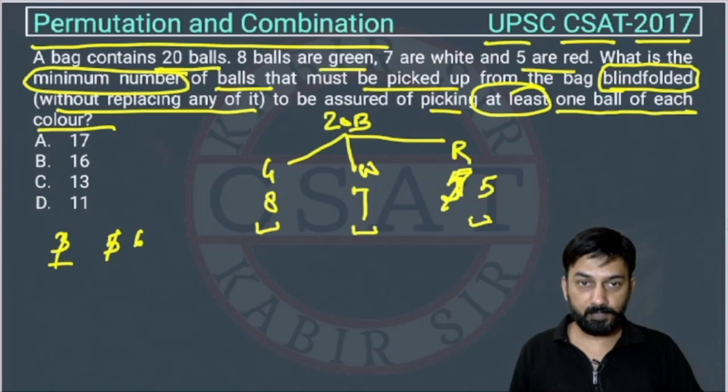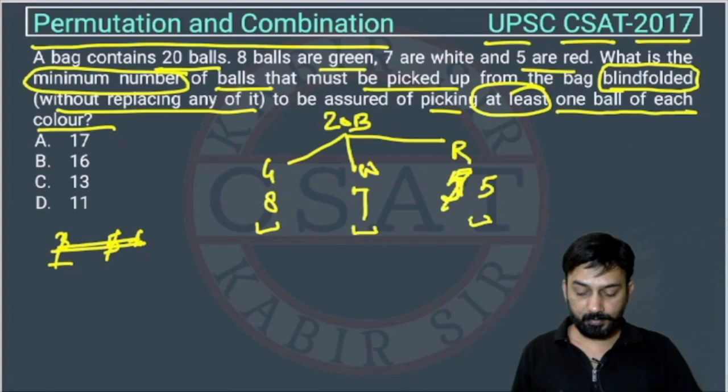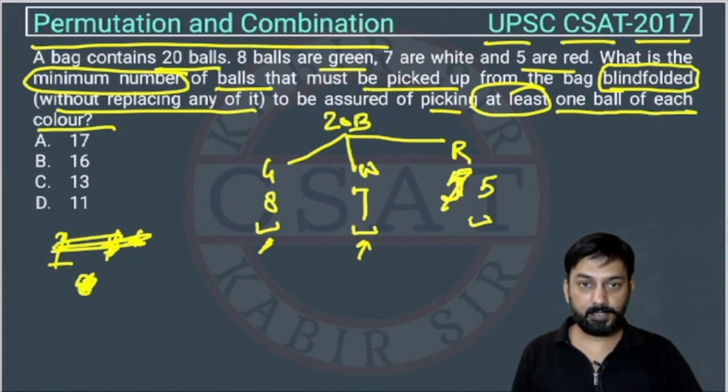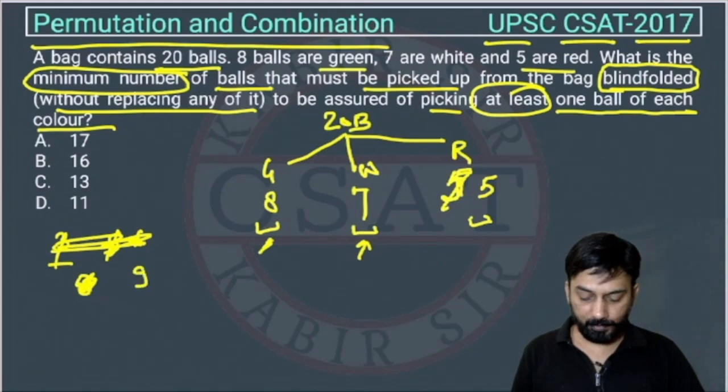So how many balls do we have to pick? See, in these kinds of cases, the maximum will be, suppose we are picking a maximum of 8, right? If I am picking 8, then there may be balls of different colors, because there is a possibility that they may all be green, or they may be white and one other ball I have picked, right? So suppose we are picking 9 balls now.